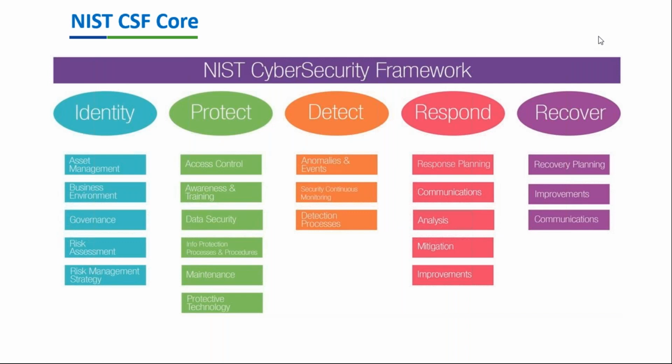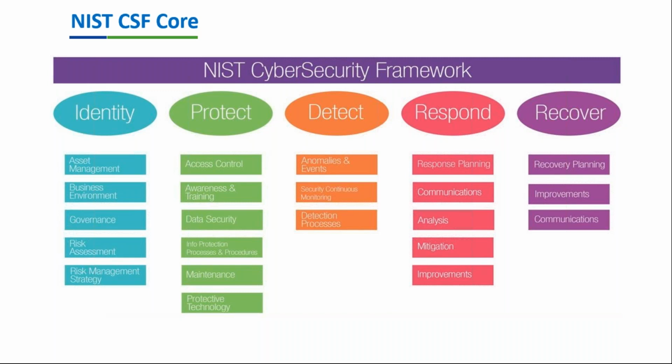So specifically, the NIST CSF Core talks about these 5 layers, as I mentioned earlier. Identify, talking about asset management, risk management, the governance model, the risk mitigation strategy. Protect is defining access control, data security, and other protection-based technologies. And detect is to do continuous monitoring and detect anomalies and events, and prepare a detection process and implement the process.